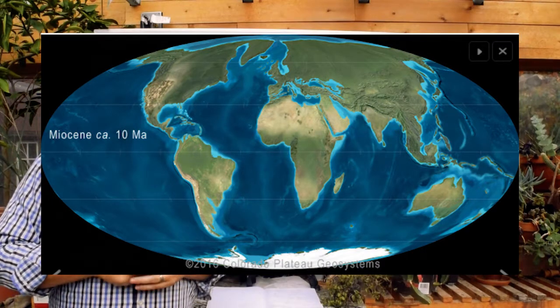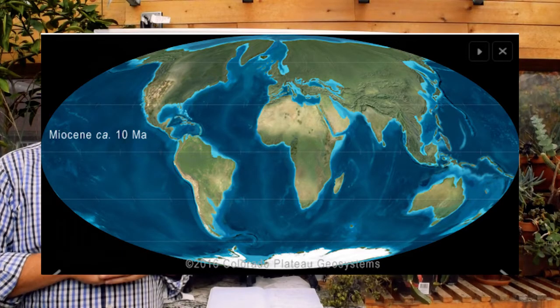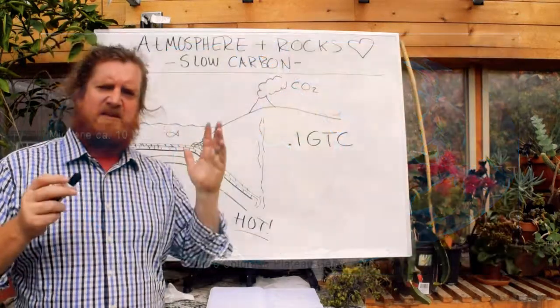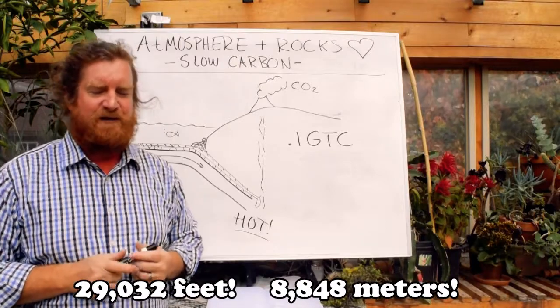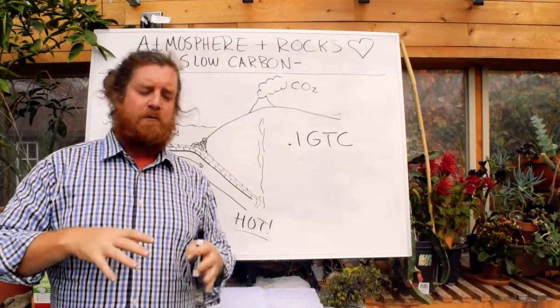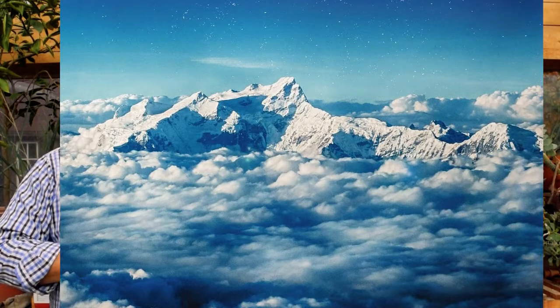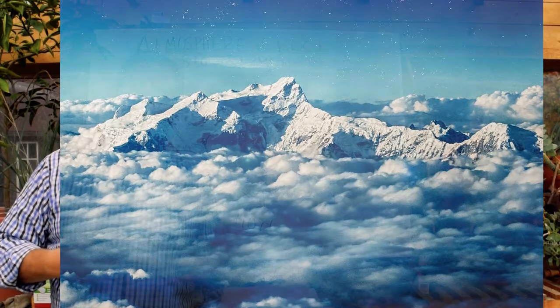But how does that play into the rock cycle? Well, when you stick rocks up to 26,000 feet, or something like that, the summit of Everest, it not only interacts with the weather patterns in the troposphere, so it can draw in a significant amount of moisture, but it also really increases weathering rates, right?